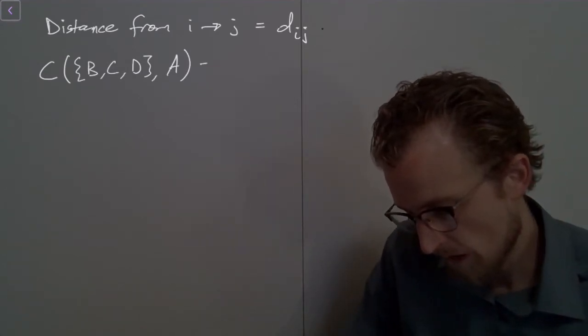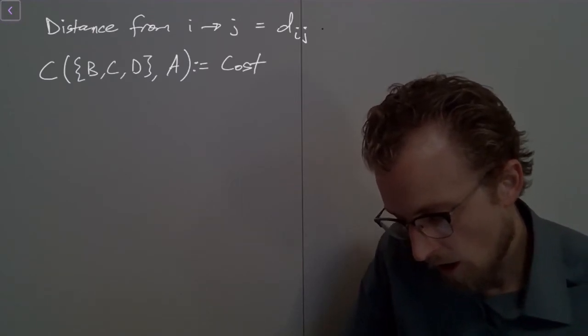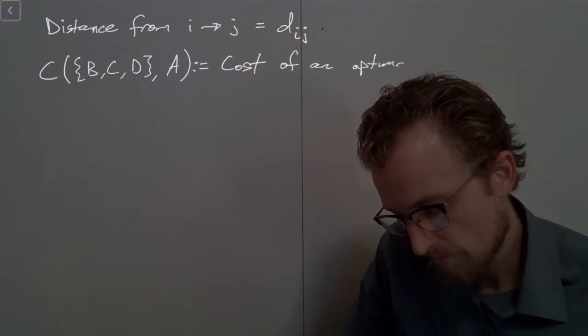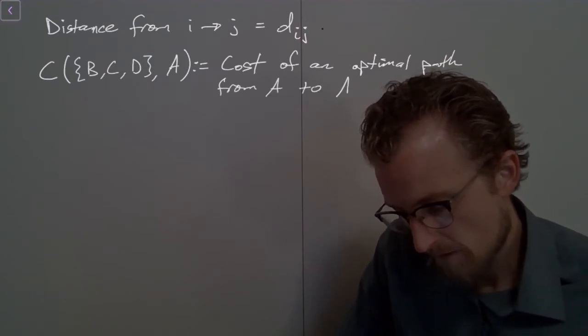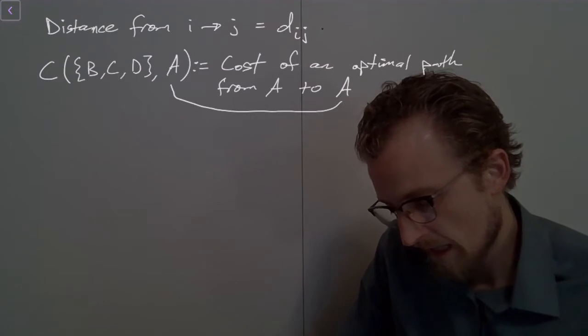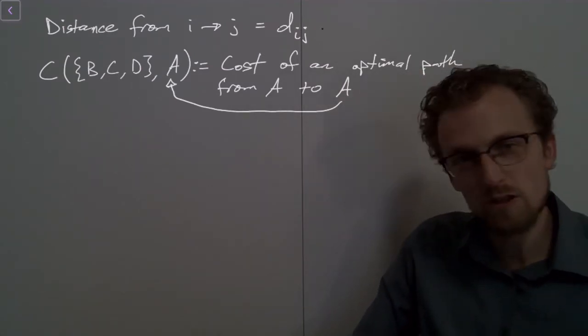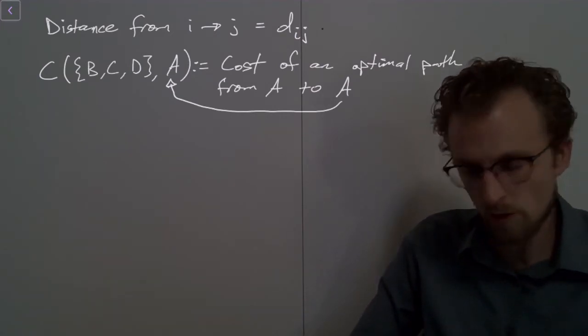So this is defined as the cost of an optimal path from A to A, where that second A is what matters. This first A in the definition is just baked into the definition. We're just going to assume that all of our paths begin at a particular node.